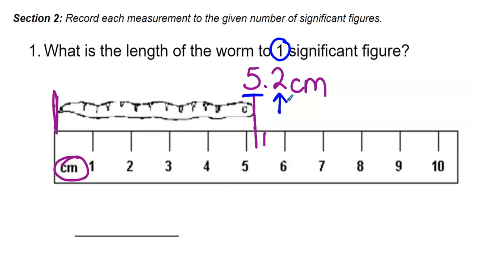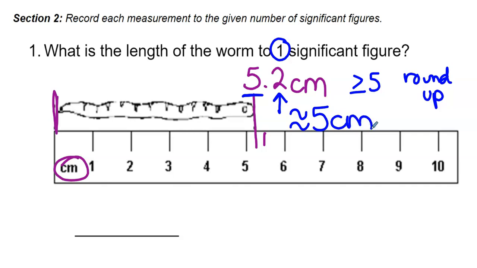My rules of rounding say that if I have 5 or greater, so greater than or equal to 5, we round up, otherwise we round down. A 2 is not greater than or equal to 5, so I'm going to round down and keep a 5. So my rounded value, approximately, will be just 5 centimeters.